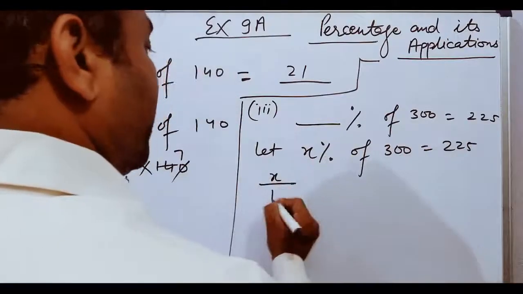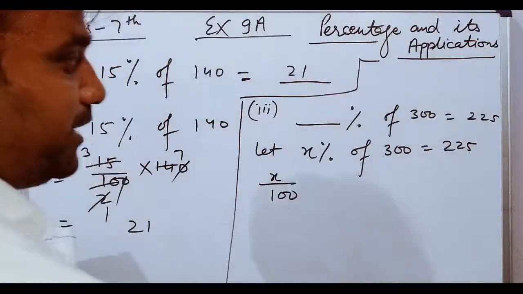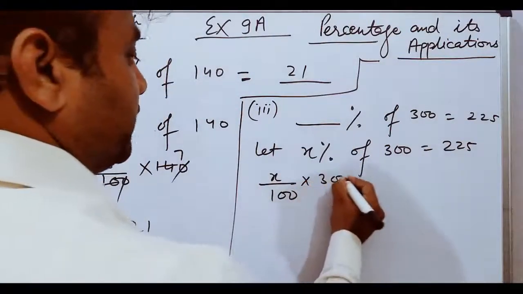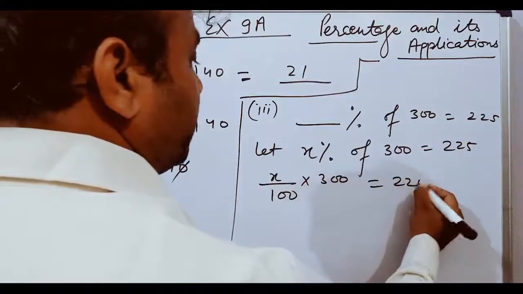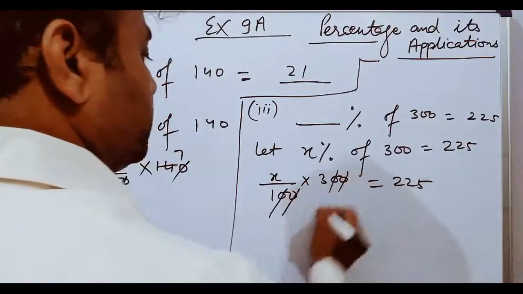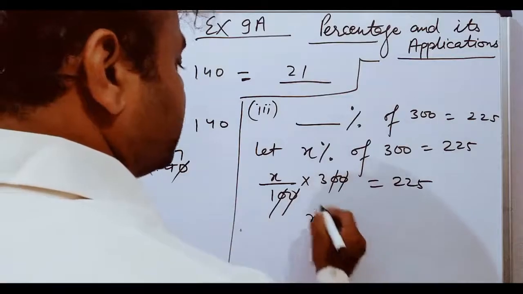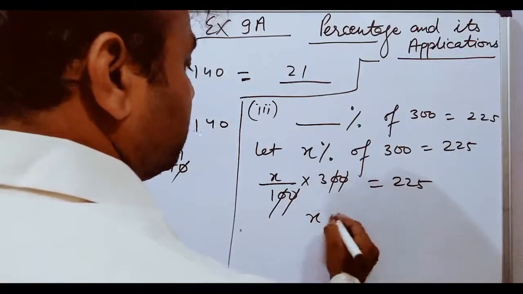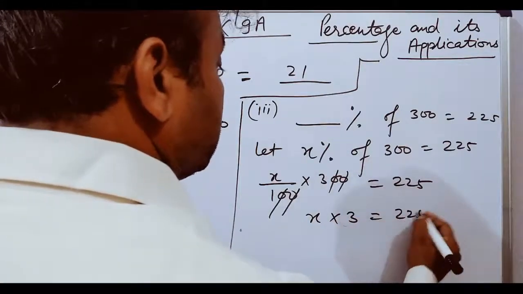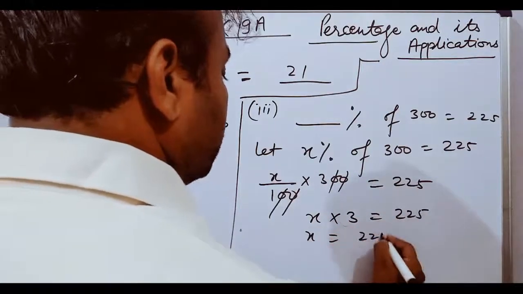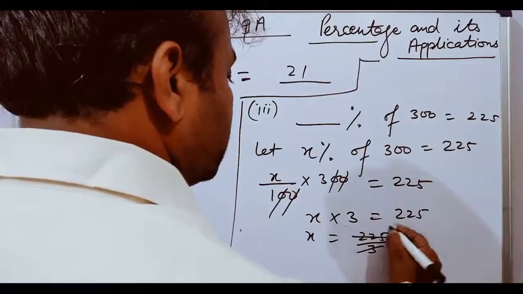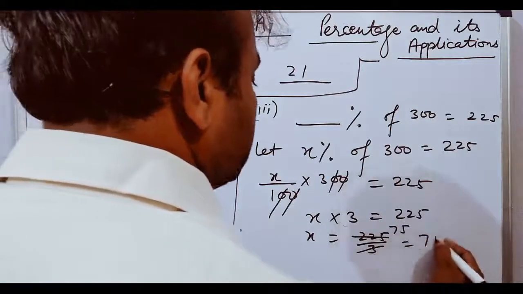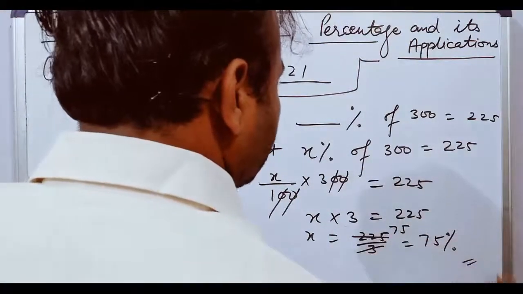So x upon 100, x percent means x upon 100, of means multiply, equals 225. 0 0 cancel. Then x into 3 equals 225. x equals 225 upon 3. 3 7s are 21, 3 5s are 15. It is 75%. Okay, dear students.